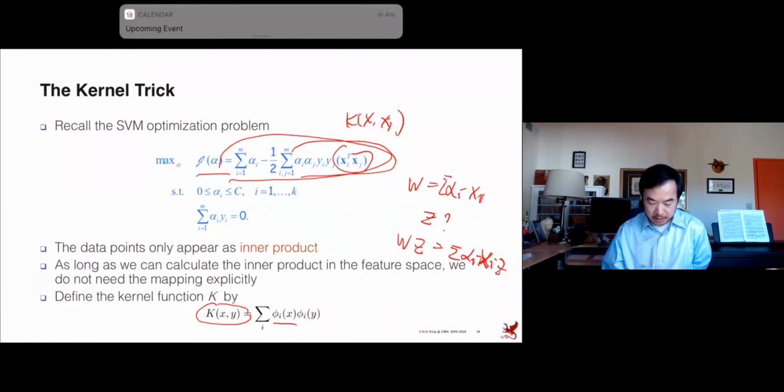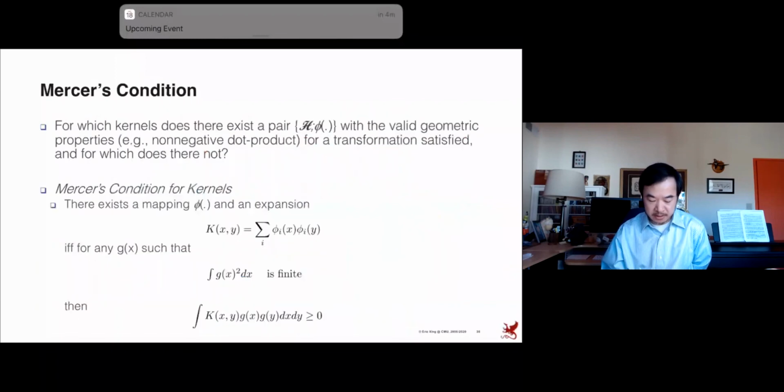And there are some conditions to tell you that, well, you are almost able to choose an arbitrary K function, but there are some qualifiers for the kernel function to define a legitimate inner product in some higher dimensional space, which is called the Mercer condition. Right? The Mercer condition is just a way to test whether the kernel function is positive.